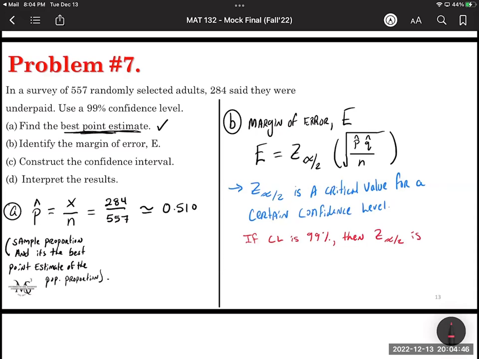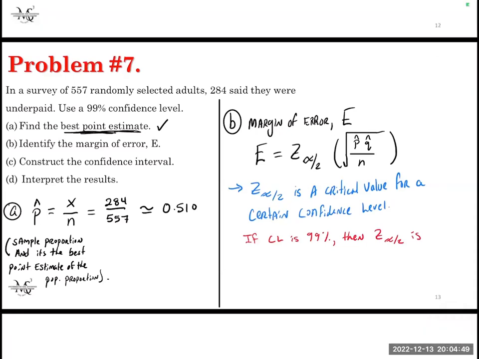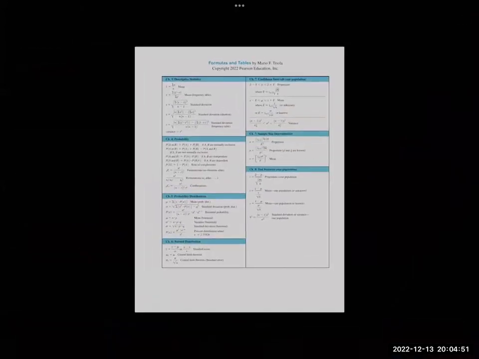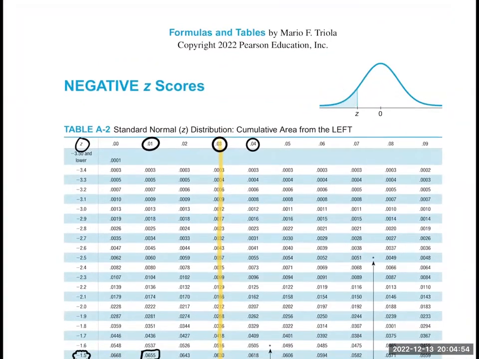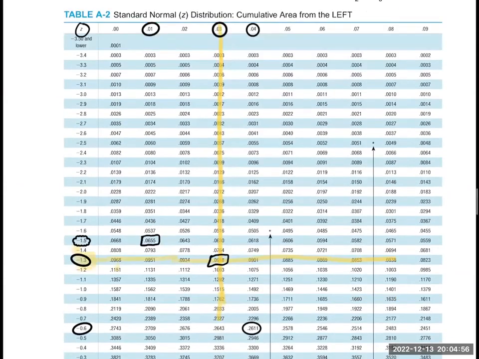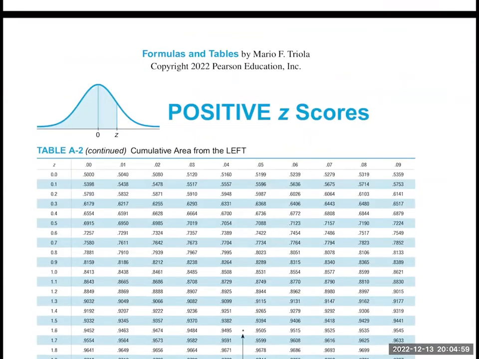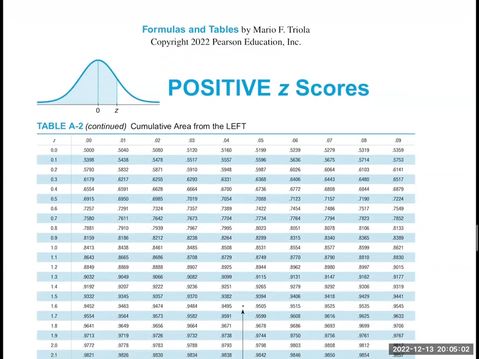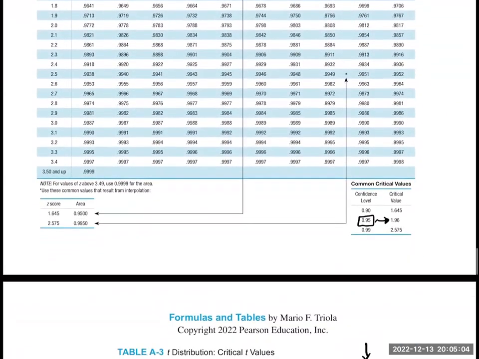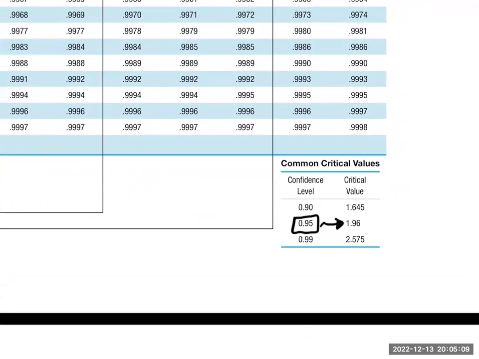If you look at the Z table here, there are the negative Z scores and the positive Z scores. If you look at the bottom right of the positive side, it gives you the common critical values. On your final exam, the confidence levels that you should see are 0.9, 0.95, and 0.99, that's 90%, 95%, and 99%.